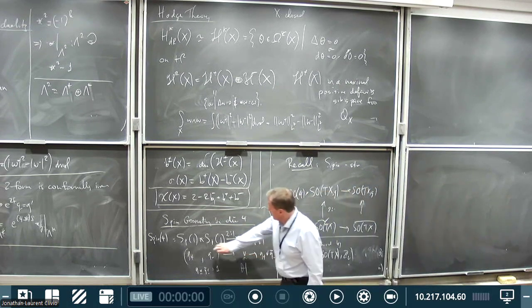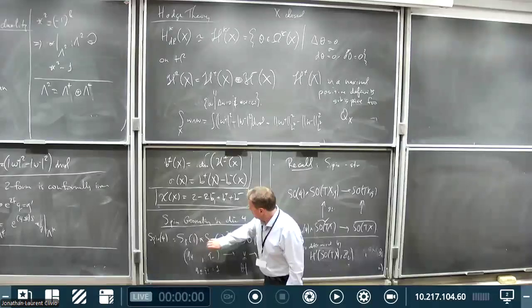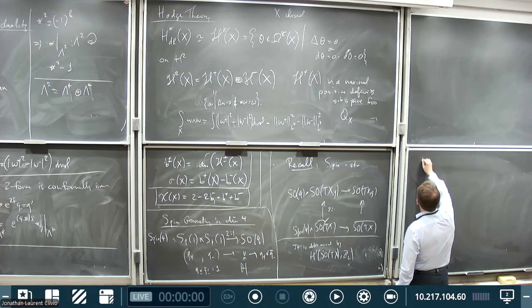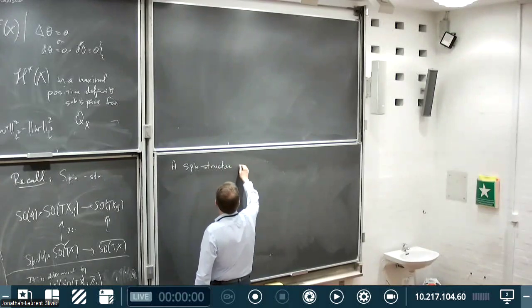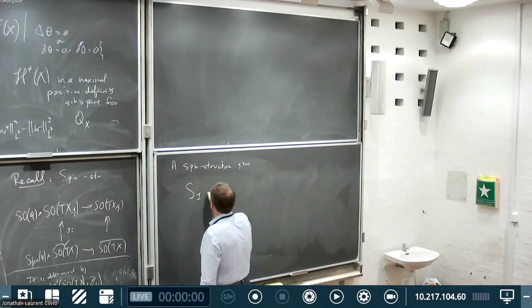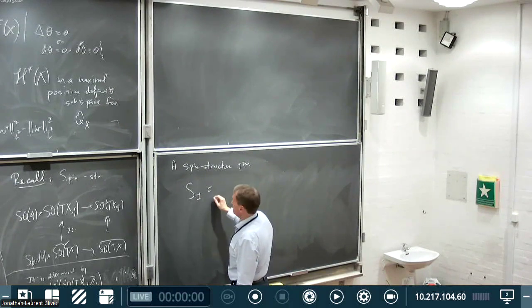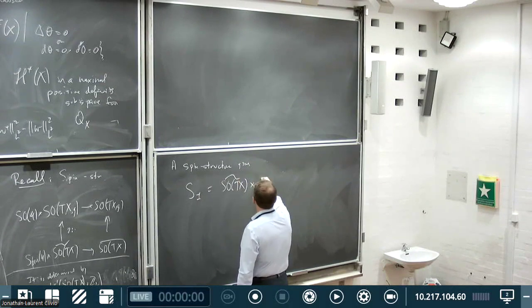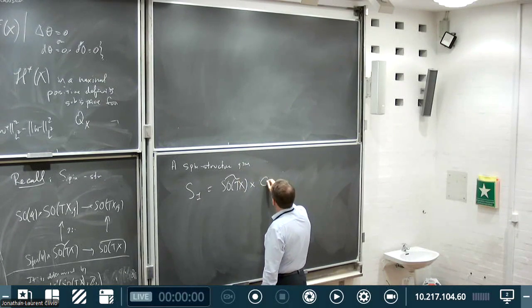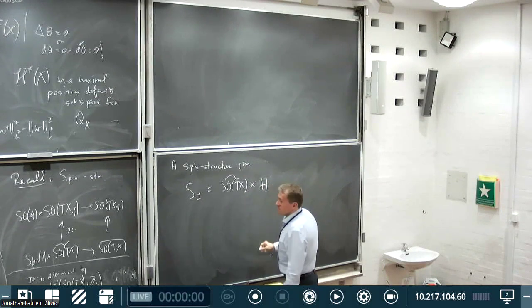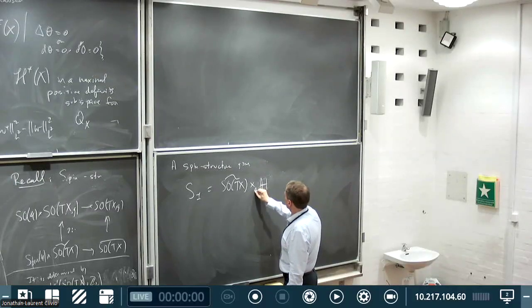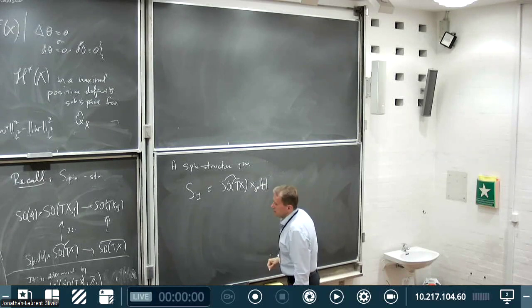Well, a spin structure gives you two particular vector bundles, S plus and S minus, which take the spin structure and tensor over H with Delta plus and minus.